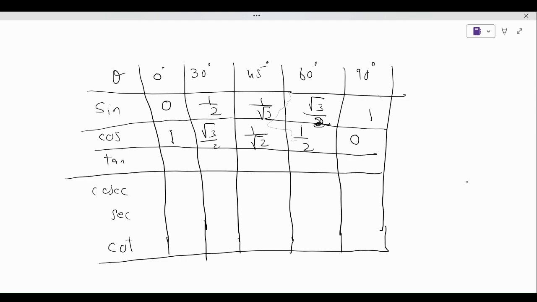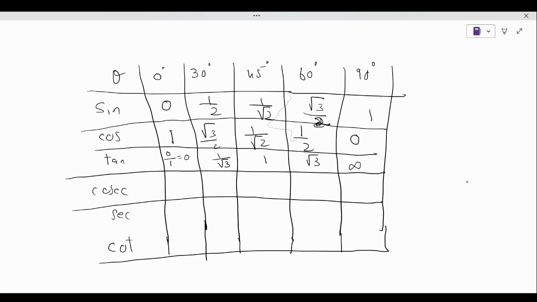Tan, you have to divide the first column by the second column. So 0 by 1 is equal to 0. Similarly, 1 by root 3, 1, root 3, and infinity. Cosec, we have to derive it just as 1 by sine.